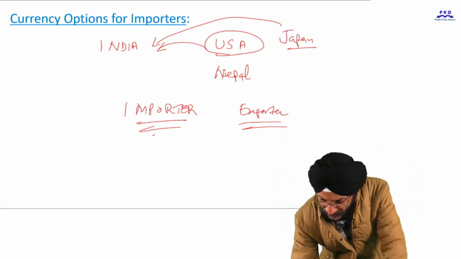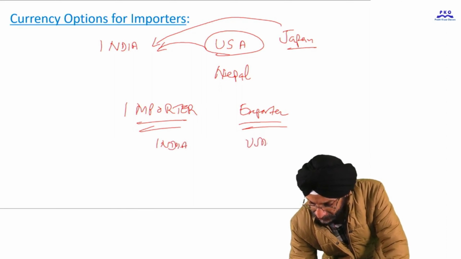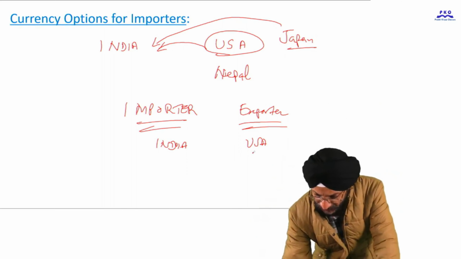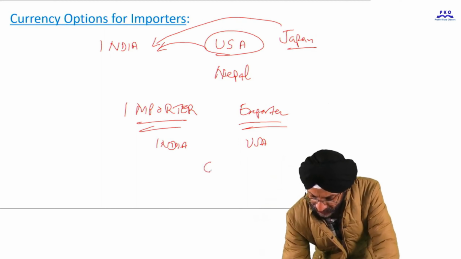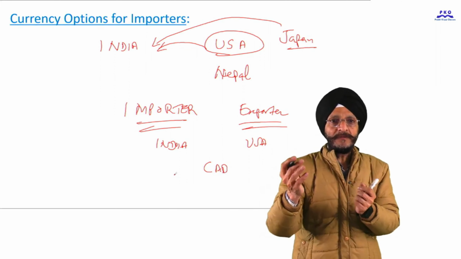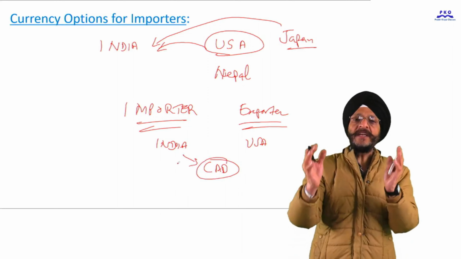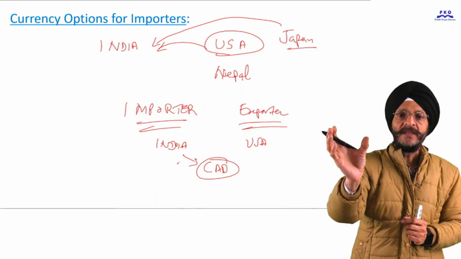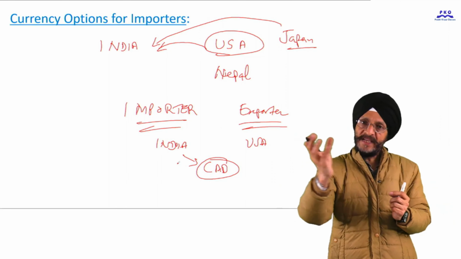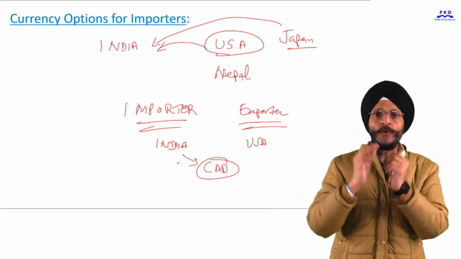For example, if we take the example of, say, India and USA, it may happen that the exporter and importer agree that the importer will pay in some third currency. Though it is very rare, some third currency may be opted for transaction in international trade as agreed.